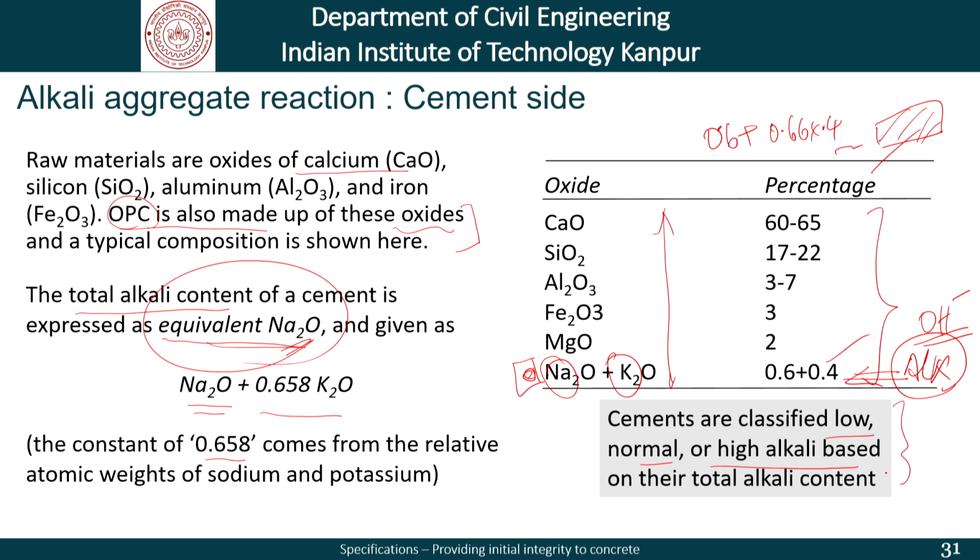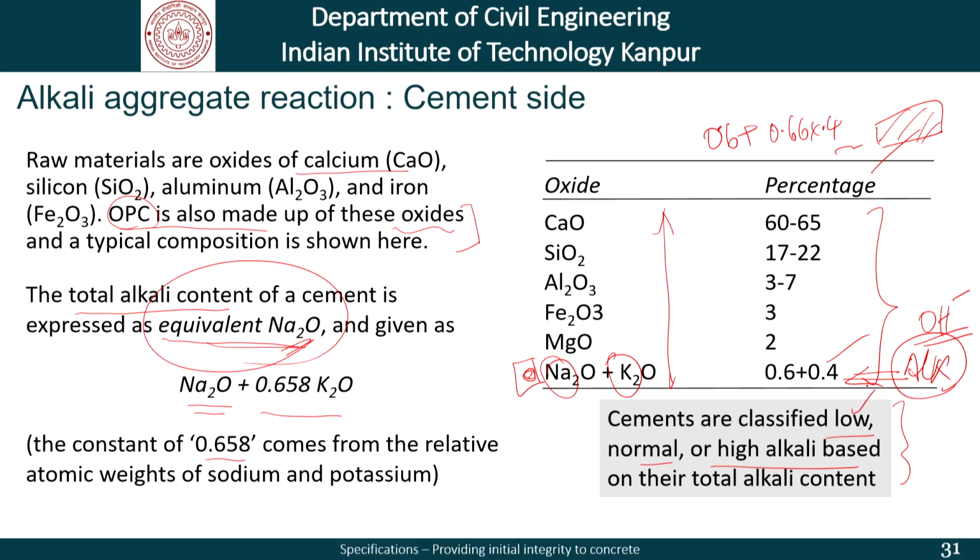In a situation where the aggregate is likely to be reactive, it is not possible to change the quarry. The option is to use low alkali cements, which would mean those cements where the presence of alkali metals as impurities is lower. That is how we try to mitigate the problem of alkali aggregate reaction.